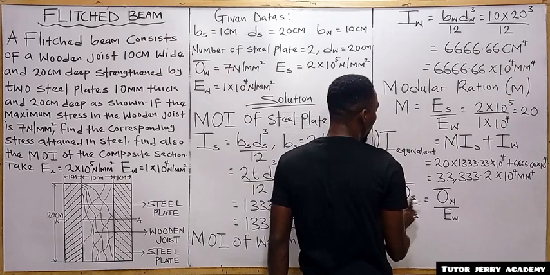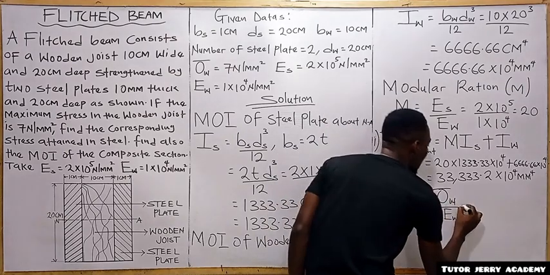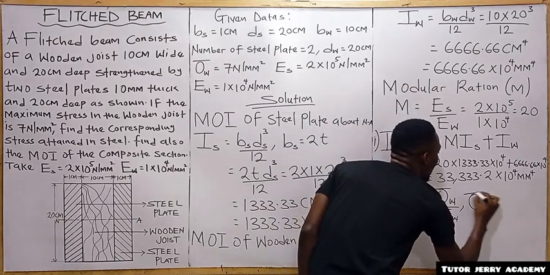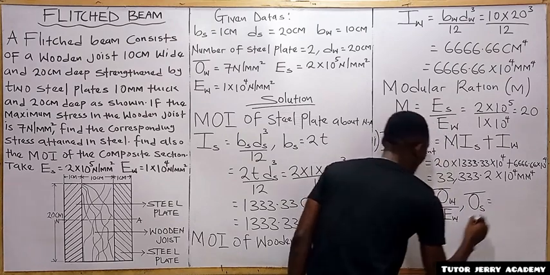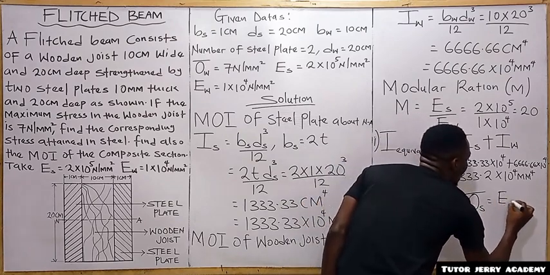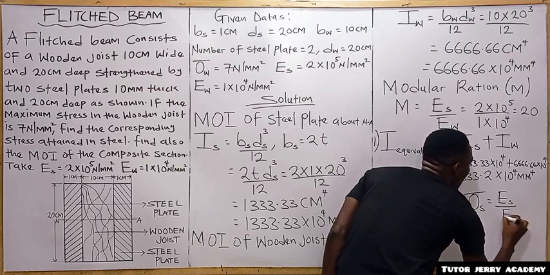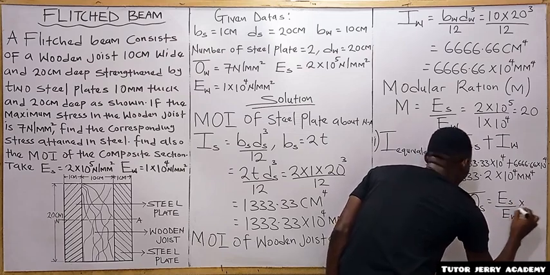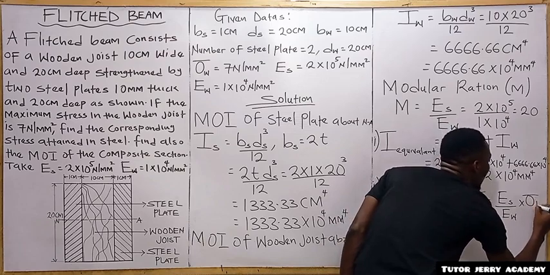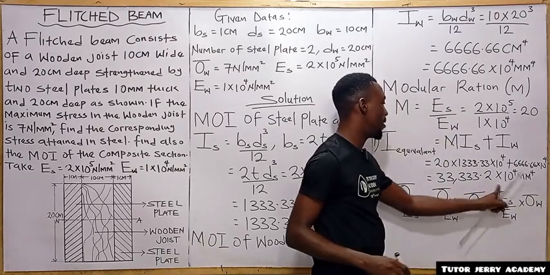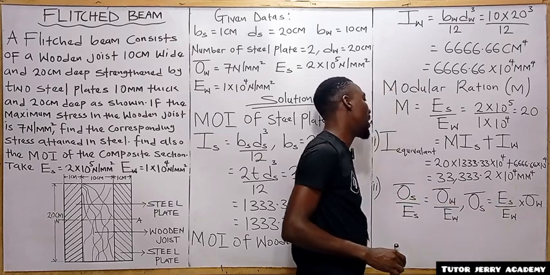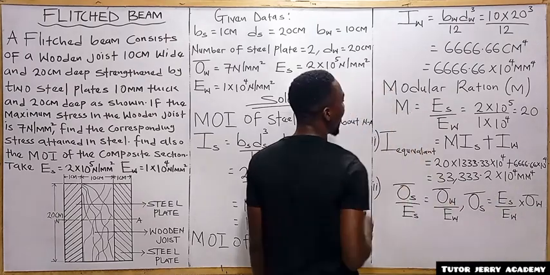To make the stress in the steel the subject, we are going to have stress in the steel equal to modulus of steel over the modulus of wood multiplied by the stress in the wood. And we know that the ratio of this is M, right? Which is our modular ratio.